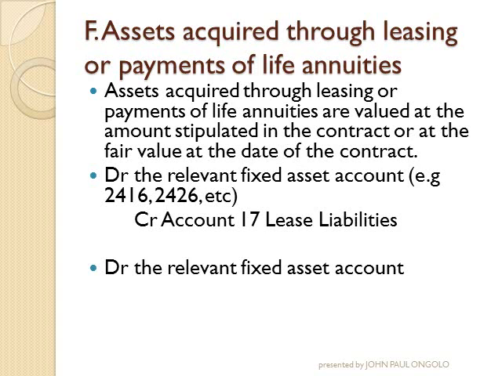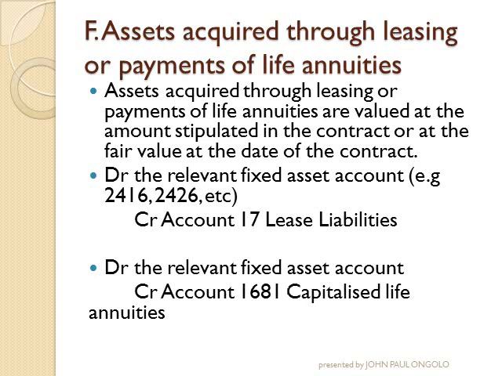So in the case of life annuities, we still debit the relevant fixed asset account, but in this case, we are going to credit account 1681, capitalized life annuities. We are also going to see on special cases in a separate video presentation how we subsequently account for these capitalized life annuities, and hence maybe what happens at the death of the party.